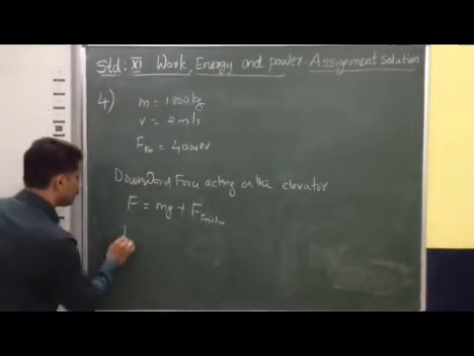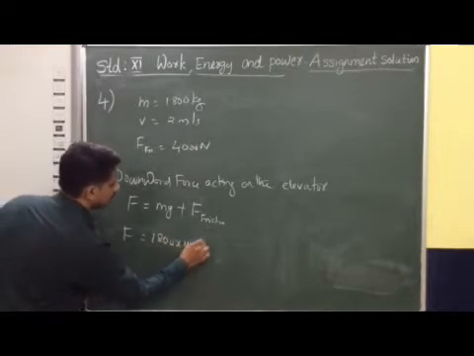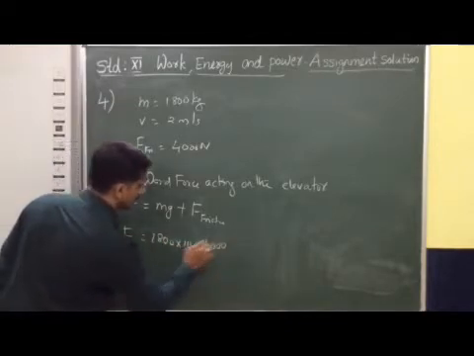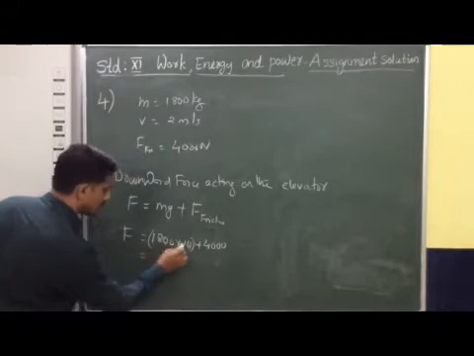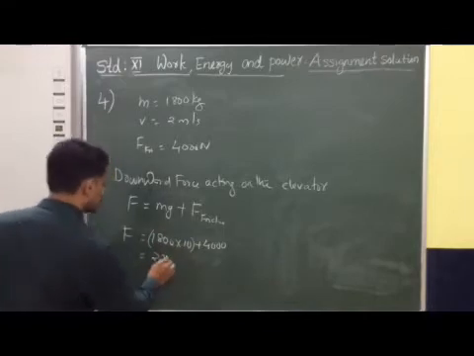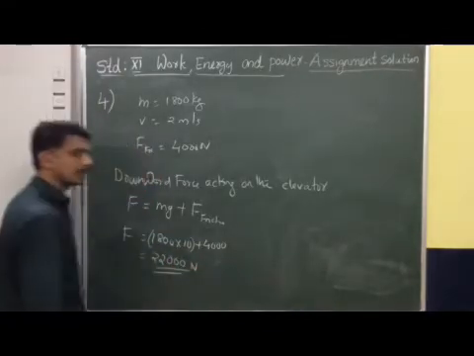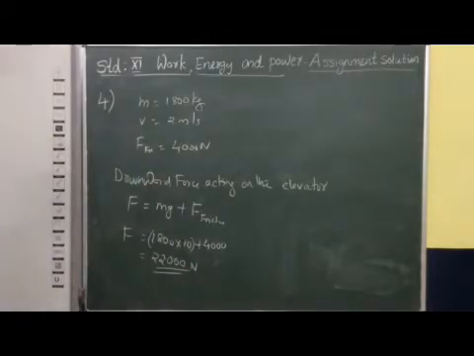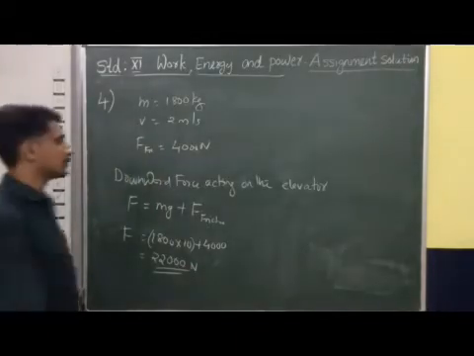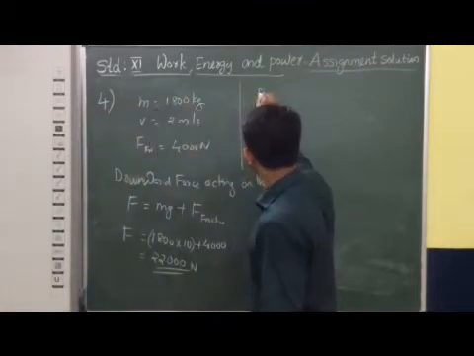So the total downward force is 1800 into 10 plus 4000. You will get 18,000 plus 4000, that is 22,000. So this much force is acting in the downward direction. This is the net force. If we know this force, we can calculate the power.